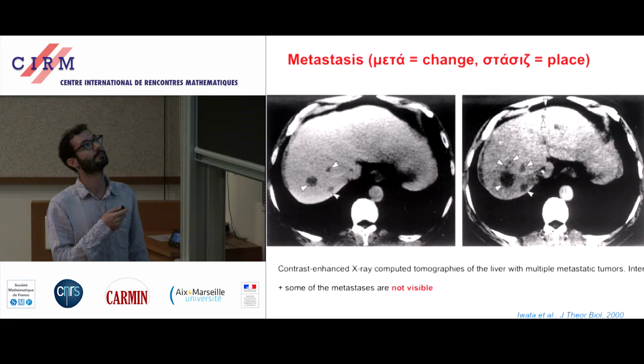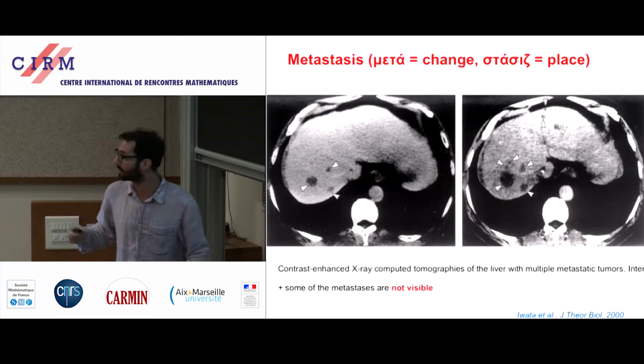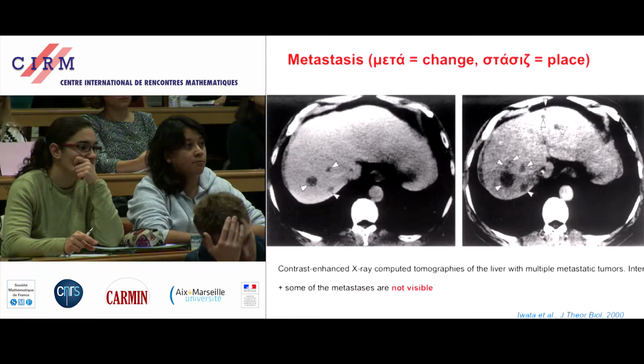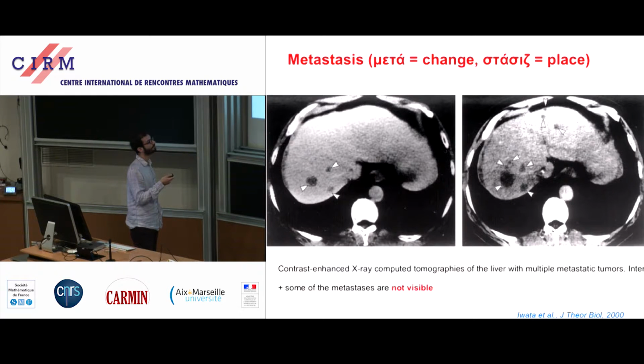The primary tumor is in the liver, and the metastases are in the same organ, which is not the generic situation that we will consider during this talk, but it's sufficient to illustrate my purpose, because what I see between these two times is that each of the lesions present is growing in size, and you have the apparition of new tumor foci.